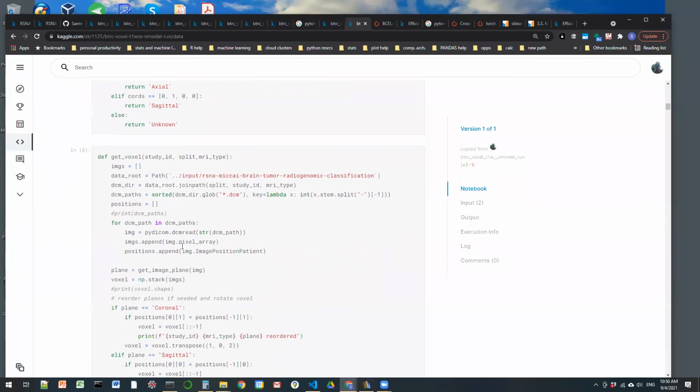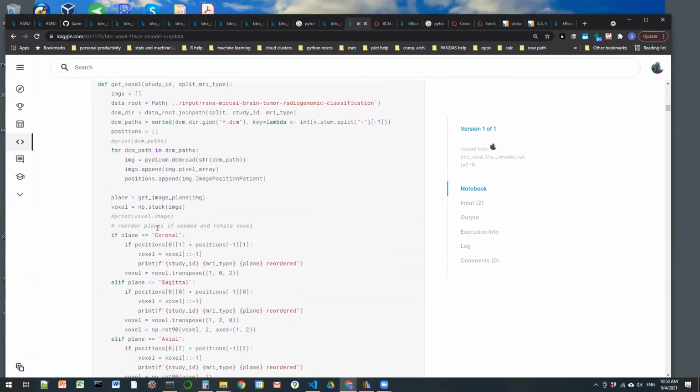Then, what else? By the way, Steve, the other thing that could be a problem in your segmentation is not only that the orientation is different, meaning it could be coronal, sagittal, or axial, but the other thing this guy has found, and therefore fixes, is that the ordering is different too. Let's say it is sagittal, which, if I recollect correctly, is from the left ear or the right ear.